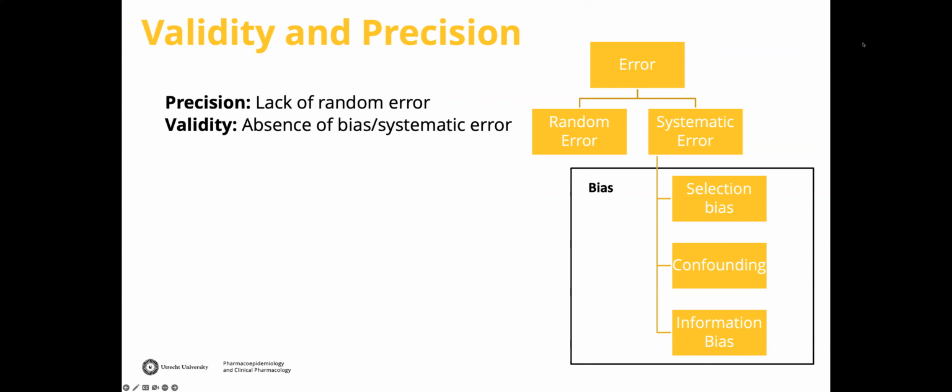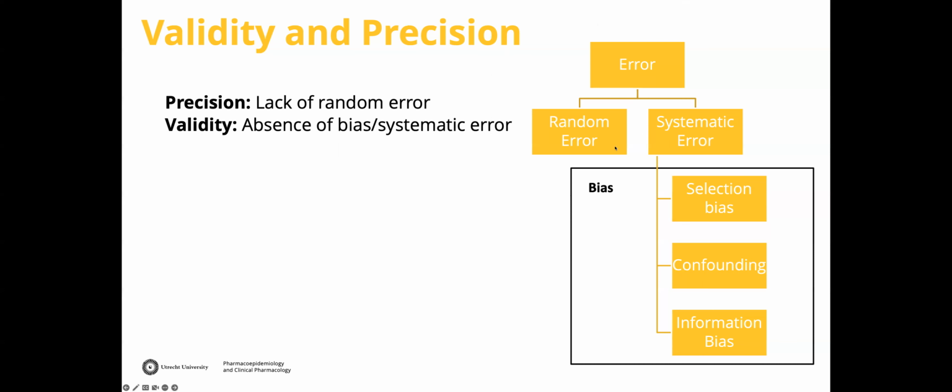So with these two definitions in mind, overall error that can occur in a study, error just meaning we get the wrong answer to our study question, or we're not able to properly determine whether our hypothesis is true or not, is made up of random error and systematic error. Systematic error is more related to validity, and random error is more related to precision.